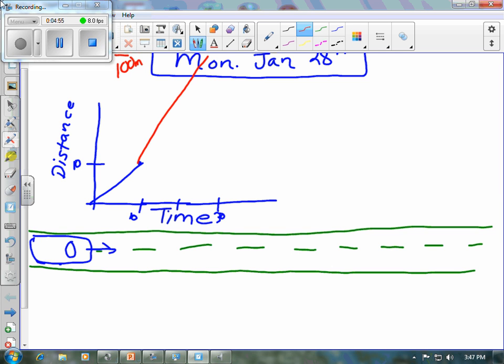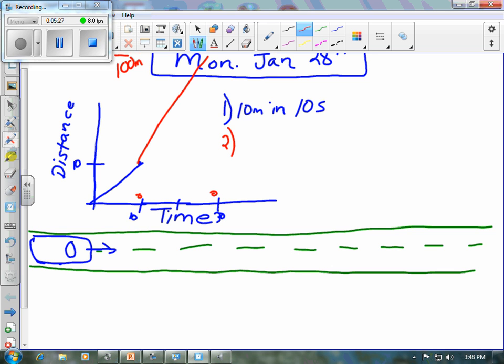Nicholas, in this 20-second period from here to here, how far did the car go? Good. 90 meters. Right. So in the first segment, it went 10 meters in 10 seconds. In the second segment, what did you say?